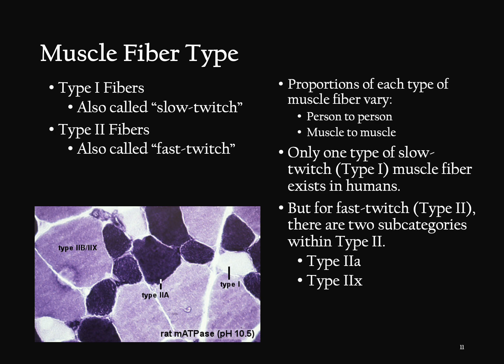So type 2A and type 2X fibers differ mainly in the capacity for aerobic and oxidative energy supply. So let's dive in a little bit more on that. Type 2A fibers, for example, have greater capacity for aerobic metabolism and more capillaries surrounding them than the type 2X.